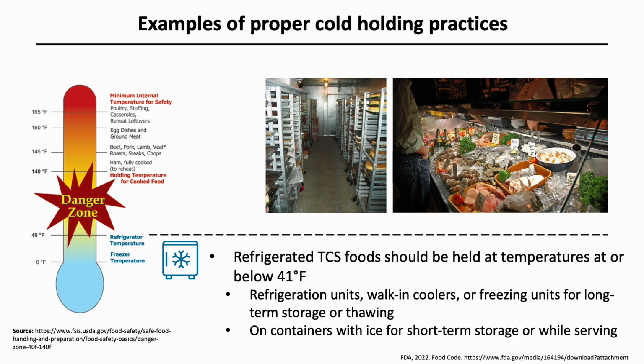For proper cold holding practices, refrigerated TCS foods should be held at temperatures at or below 41 Fahrenheit to prevent B. cereus growth. This can be done by storing foods in refrigeration units, walk-in coolers, or freezing units for long-term storage or thawing, or on containers with ice for short-term storage or serving.